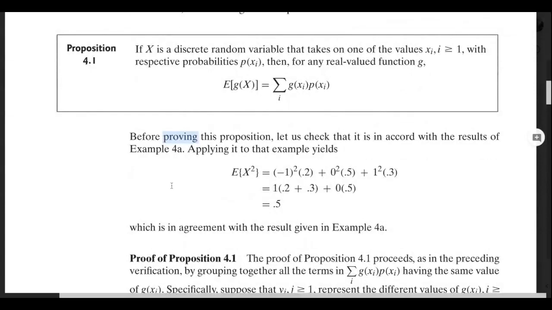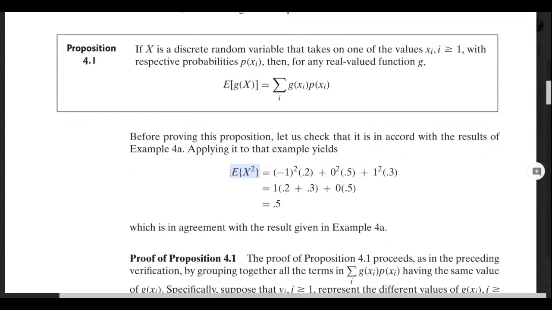Before proving this proposition, let us check that it is in accord with the results of example 4a. Applying it to the example yields the expectation of x squared, which is -1 squared times 0.2, plus 0 squared times 0.5, plus 1 squared times 0.3, which gives 0.5.